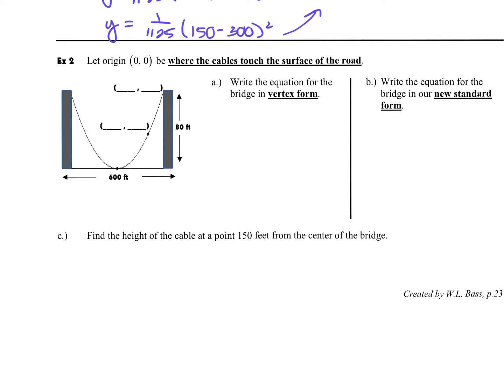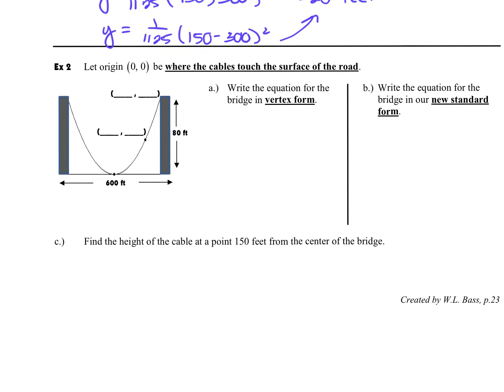Another possibility is to, exact same scenario, so another possibility is to put origin where the cables actually touch the surface of the road. So now our XY axis is going to look like this. So we're going to have that y-axis there and the x-axis here. So now this is going to be 0, 0 right here.